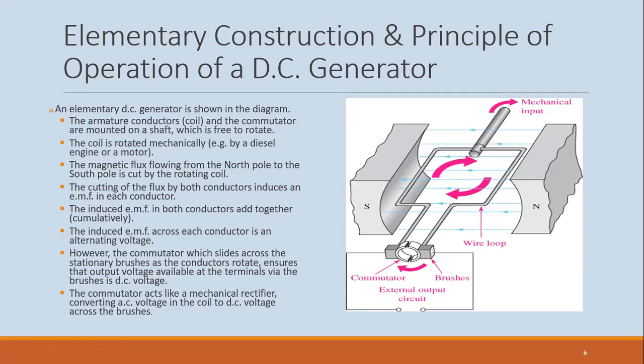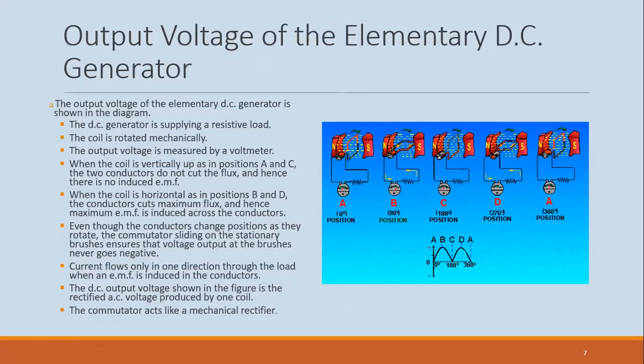So it's a mechanical rectifier, and it converts that AC voltage that is created into a DC output across the brushes. All right, so this is now giving a little bit more detail as to the creation of the DC output.